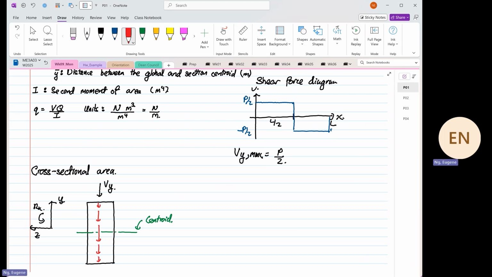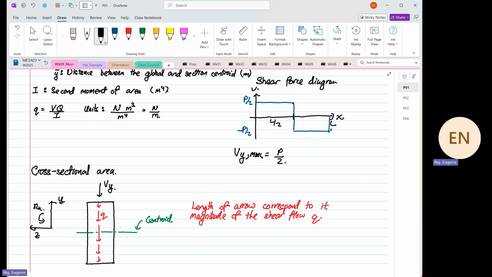The length of the arrow corresponds to its magnitude of the shear flow Q. Okay. So these are all our Q.